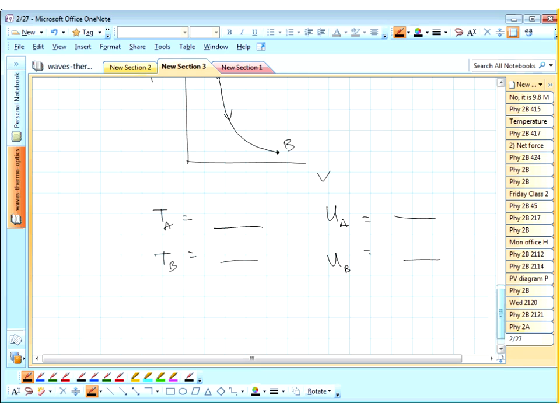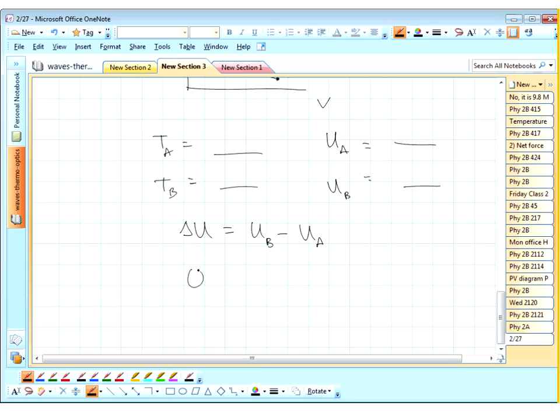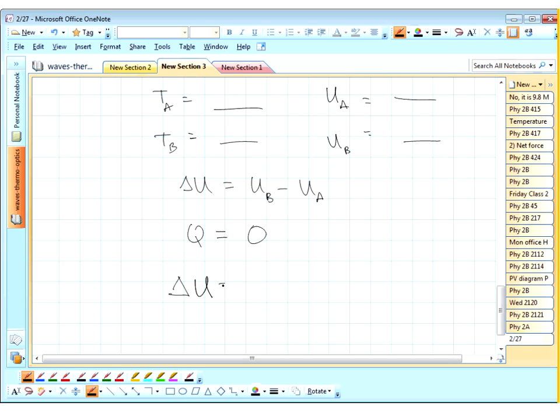And once you know the energies, you can find delta U. So now we know delta U for this process. And what is Q for an adiabatic process? 0. And we know our first law of thermodynamics. So if we know delta U and we know Q, then we can solve for W. That's usually the way we do it for an adiabatic process. There's no simple formula.